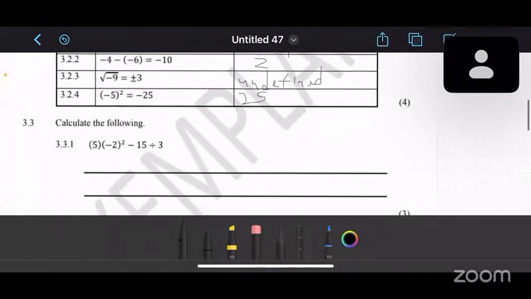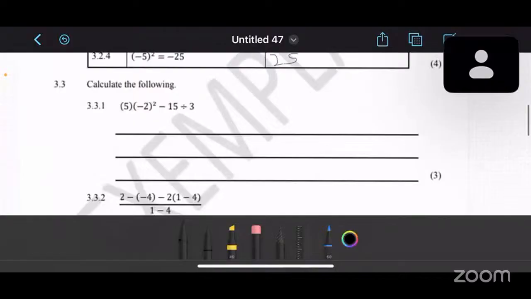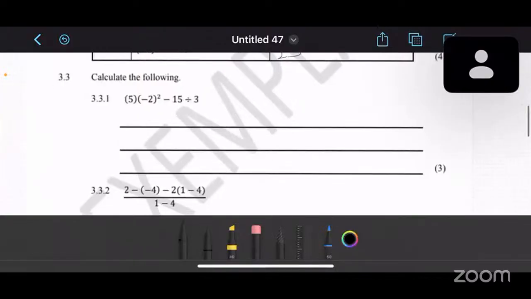Let's get into some real stuff, which is 3.3 here. They say calculate the following: 5 into -2 to the power of 2 minus 15 divided by 3 without the use of a calculator, no?